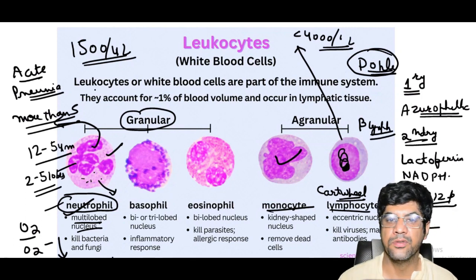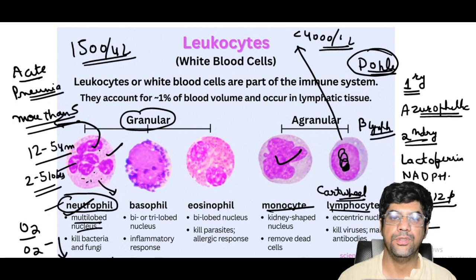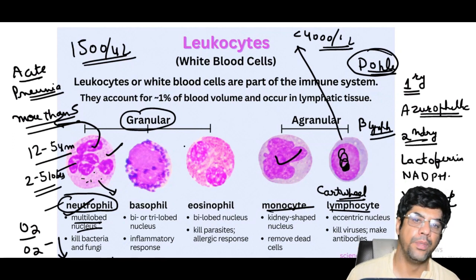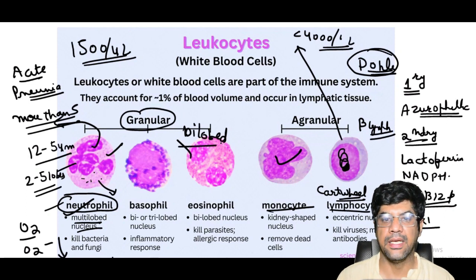The other are the eosinophils. So remember they have two lobes. They are bilobed. They contain deep red staining granules containing basic proteins. The function of eosinophils, they are involved in reaction to foreign proteins and antigen antibody reaction.